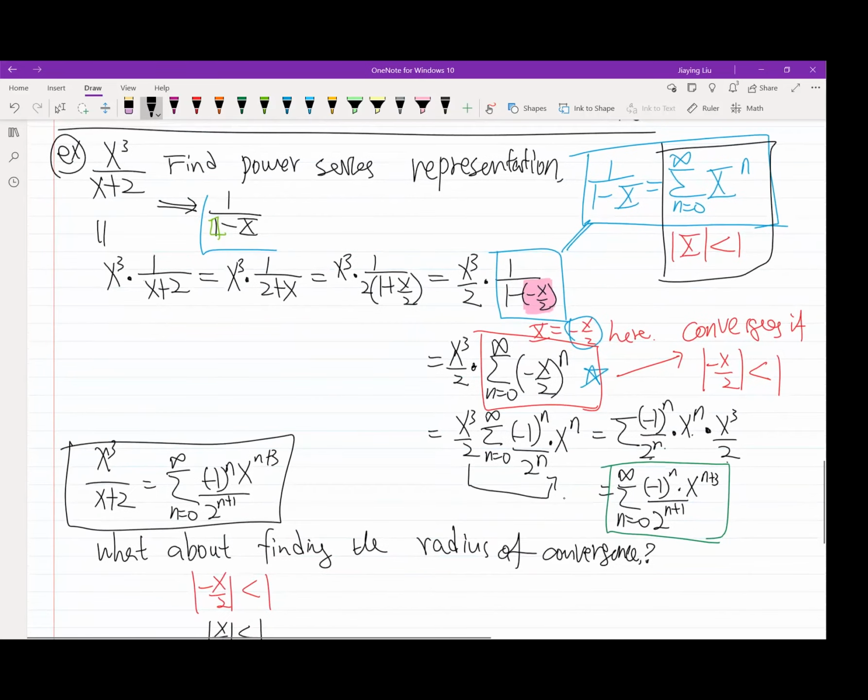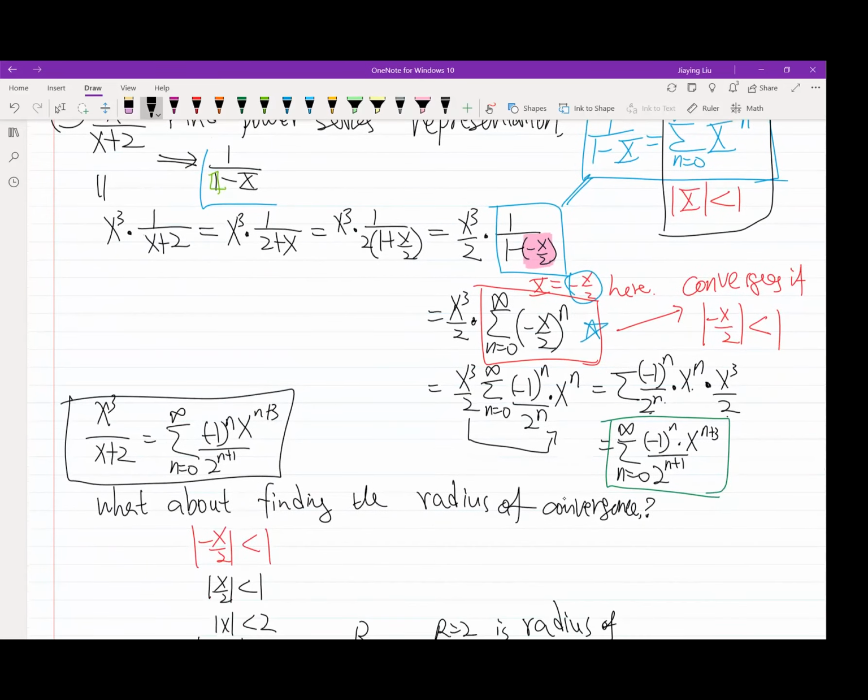That's what we use. In this example, after I find the series, we know that it will only be convergent if the absolute value of negative x over 2 is less than 1, because negative x over 2 is equivalent to capital X.